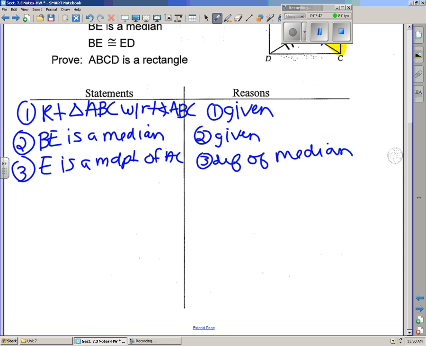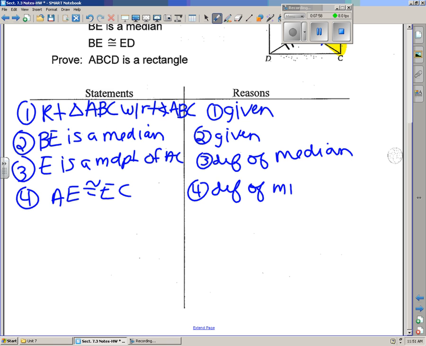Okay? Well, the fact that we have a midpoint, and the midpoint is of AC, we can now say that AE and EC are congruent. And that's because of the definition of a midpoint.